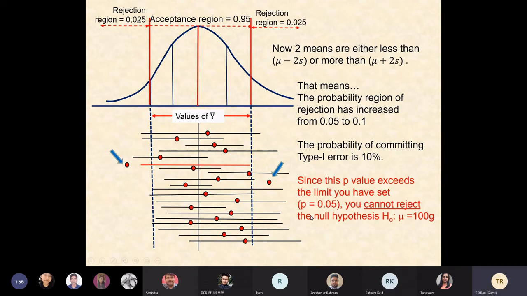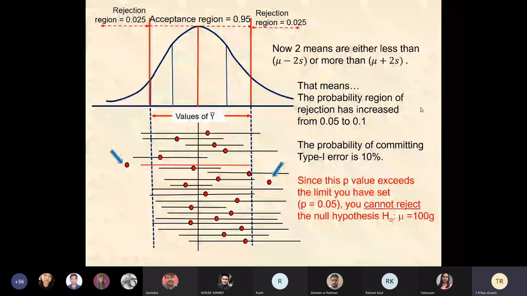Now you are not able to reject because the probability has increased to 0.1, that is 10% error, which is not acceptable to you. That's too high. The maximum I could allow is only 0.05, 5% out of 100, right? So you are not in a position to reject if the probability value exceeds 0.05.